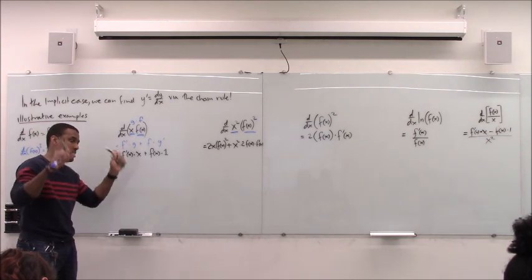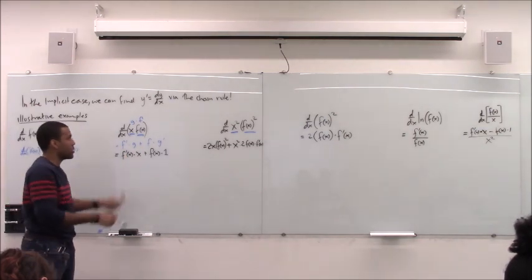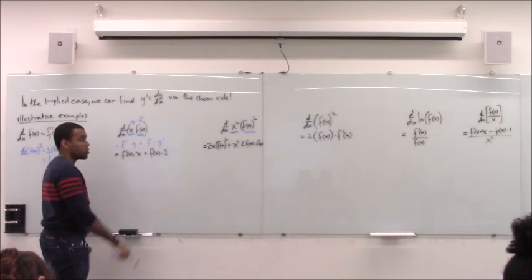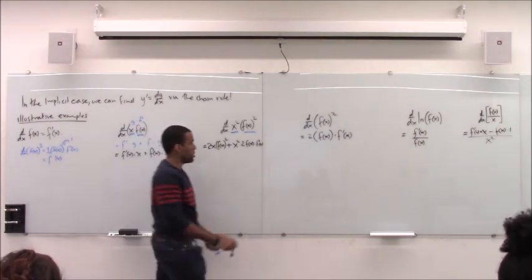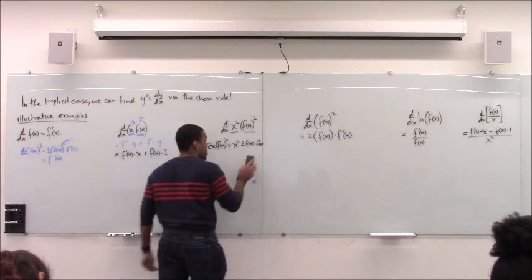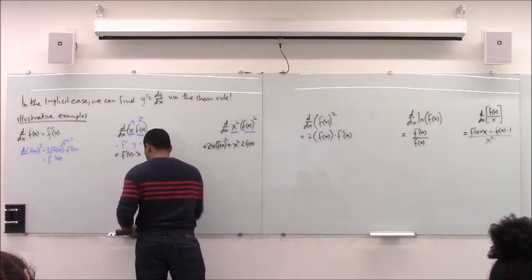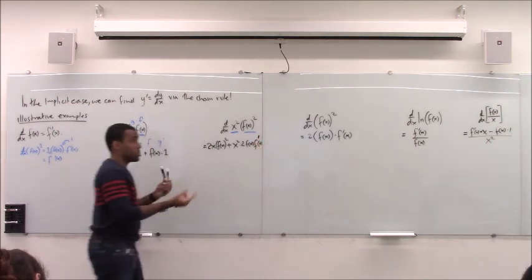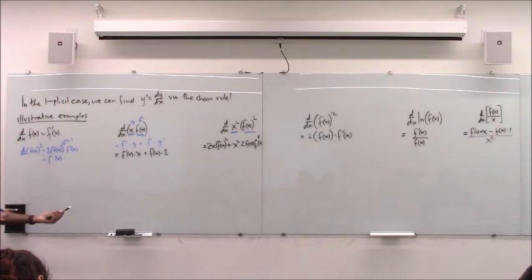You think of it as an inside function. Whenever I'm differentiating the f, if I have to do something around it, I just need to make sure that I'm multiplying by the derivative after I do that. So there's an f prime, and that's visible. There's an f prime. So every time I'm differentiating something that's not just an x, I have to multiply by a derivative. Why? Because of the chain rule.